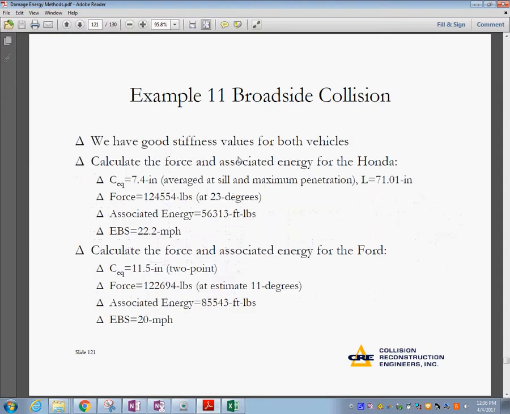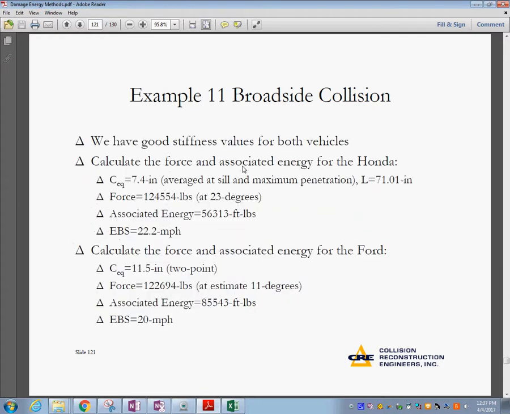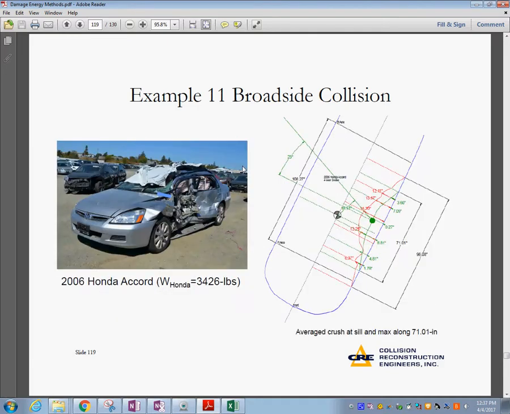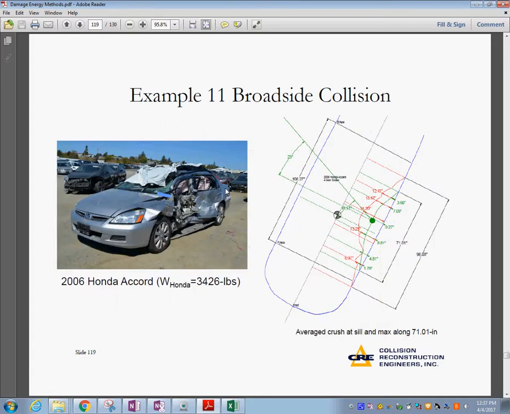So we're going to look at the broadside collision, and you're given the data here like this. We have good stiffness values for both vehicles. This is the other vehicle, and in the measurements, you see how much crush it has.